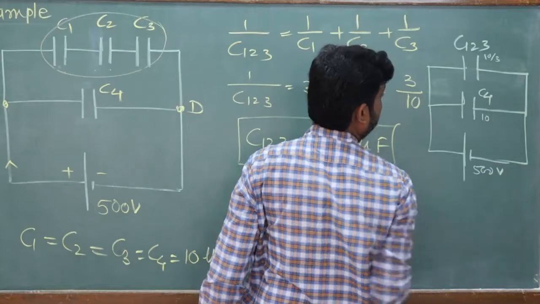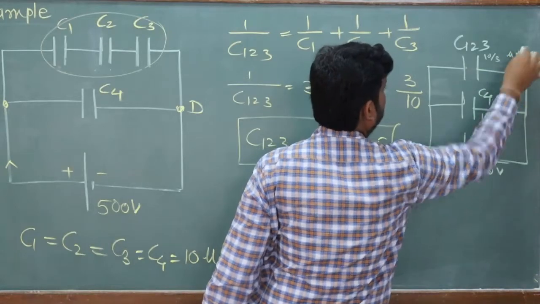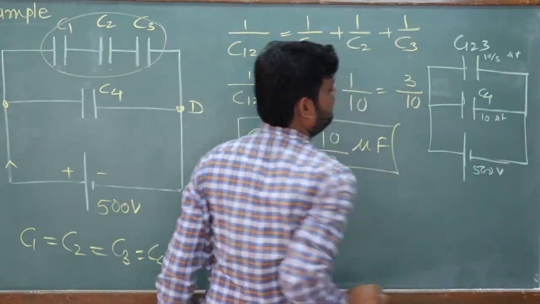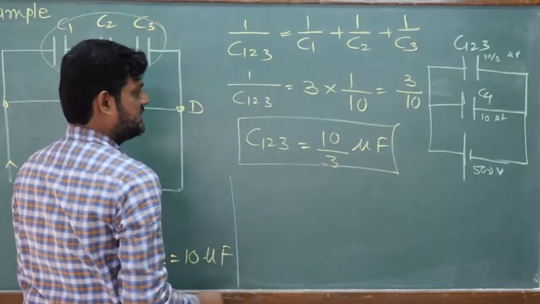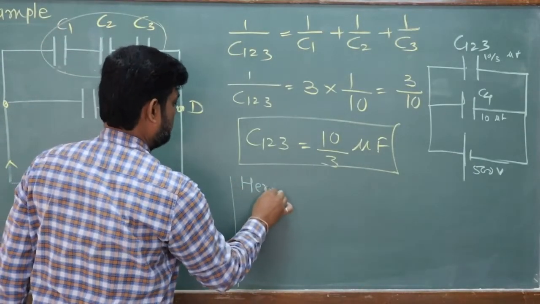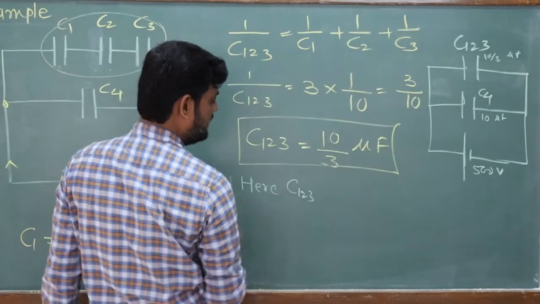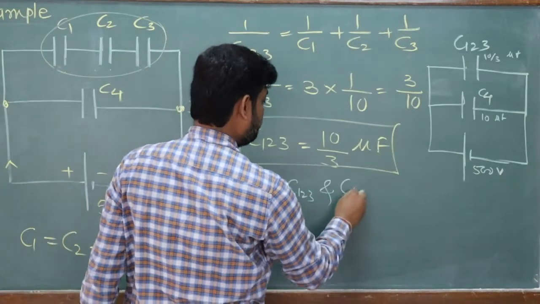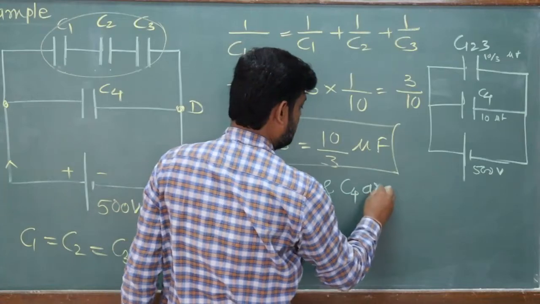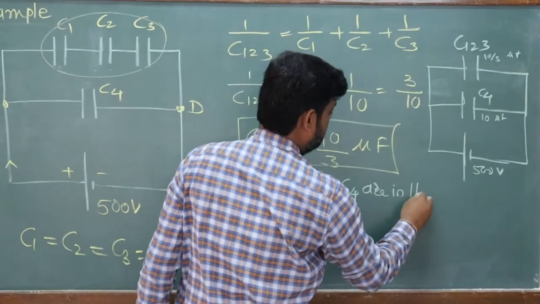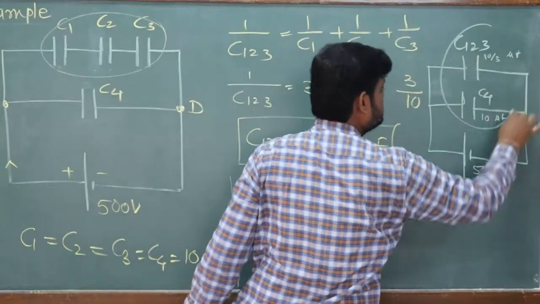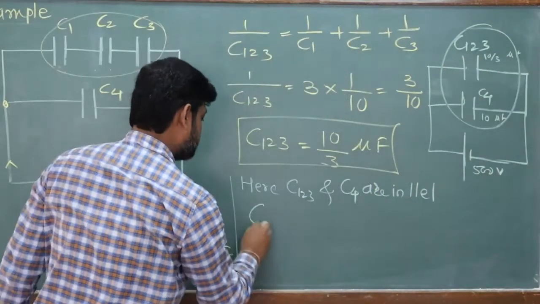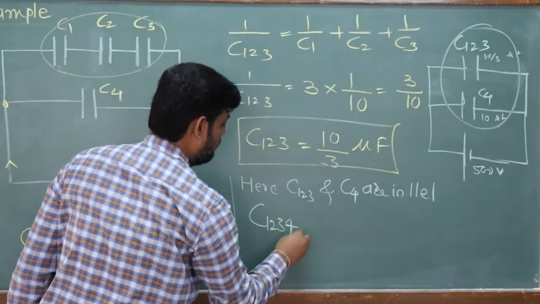Here it is only 10 microfarad we can write. It is given. What we can see that here C123 and C4 are in parallel. So what is the equivalent capacitance of these two capacitors? That is C1234.